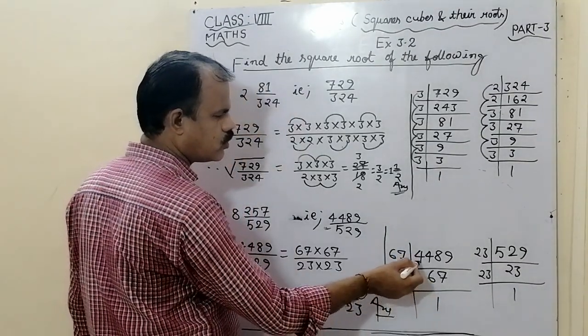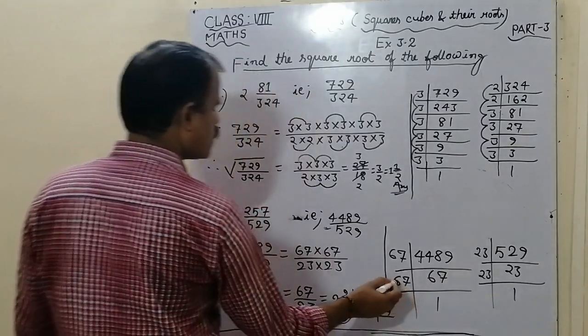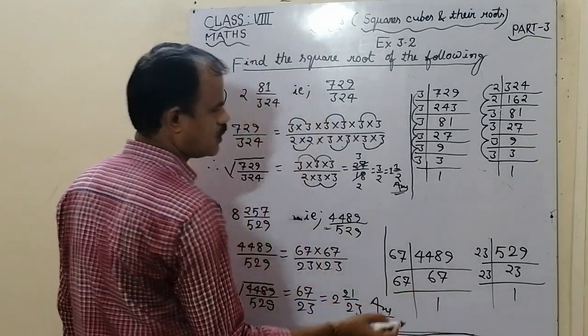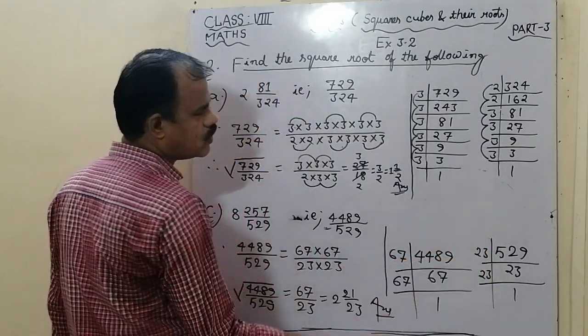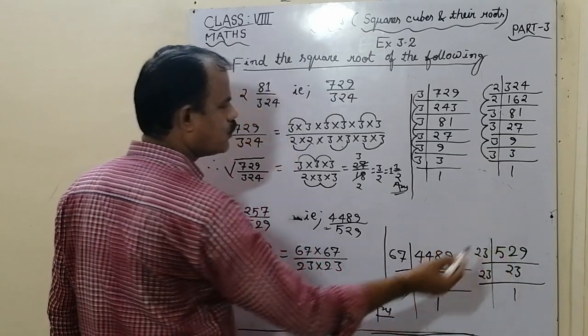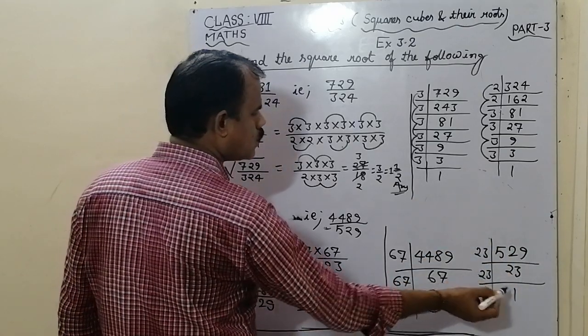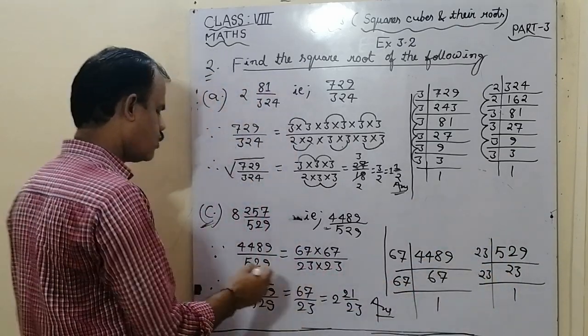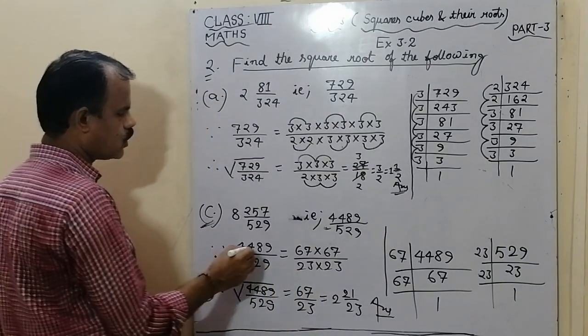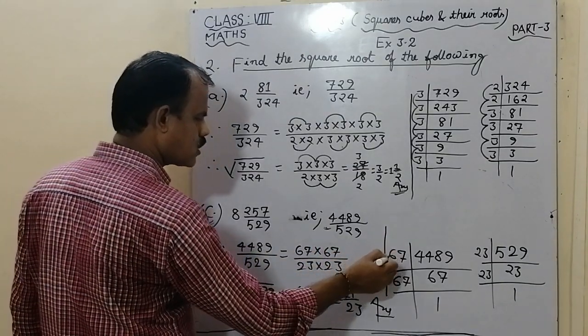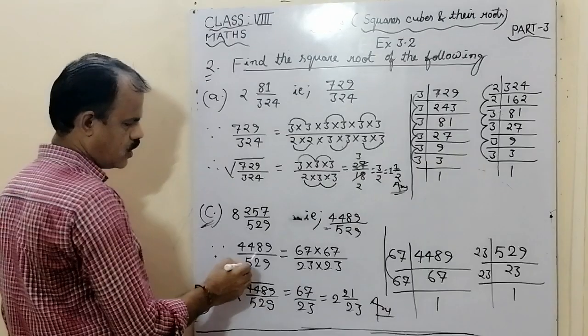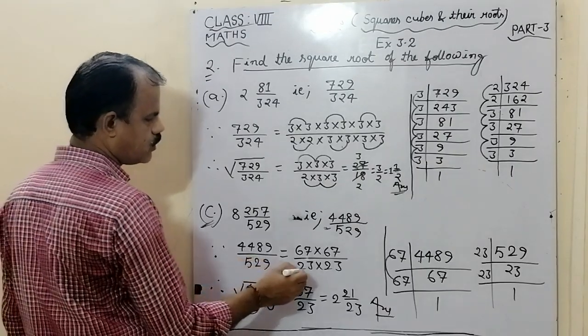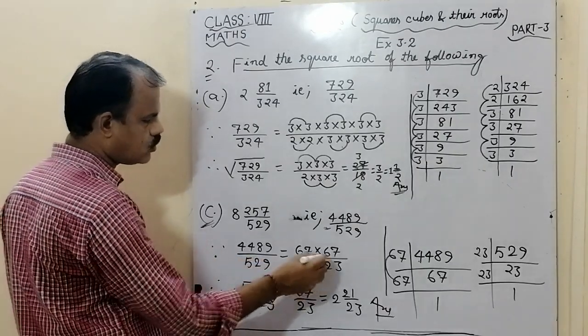67 times 67 equals 4489. 67 times 1 is 67. Here also 529 is 23 into 23. 23 times 1 is 23. So in place of 4489, we write 67 into 67, and in place of 529 we write 23 into 23.